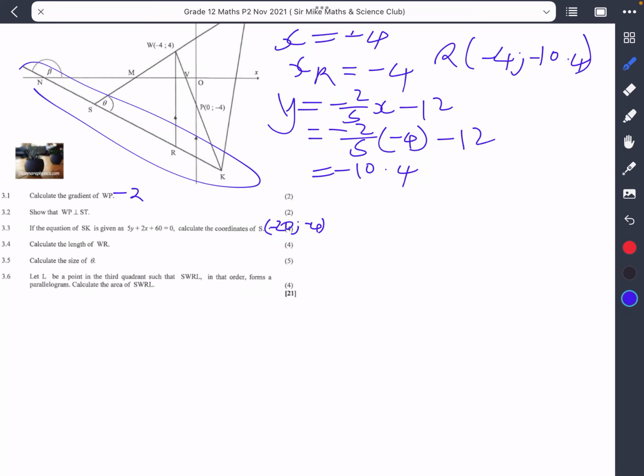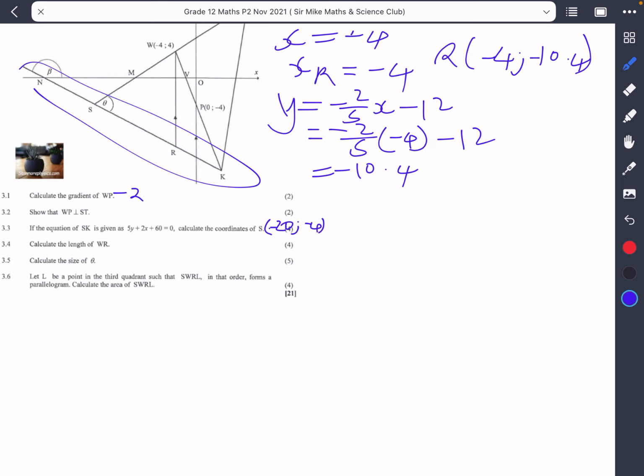To calculate that length, I'm just going to use the distance formula. Now, there is another equation that students use, which is a great one, but I'm just going to stick to what's on the formula sheet, which is the distance formula for two points.